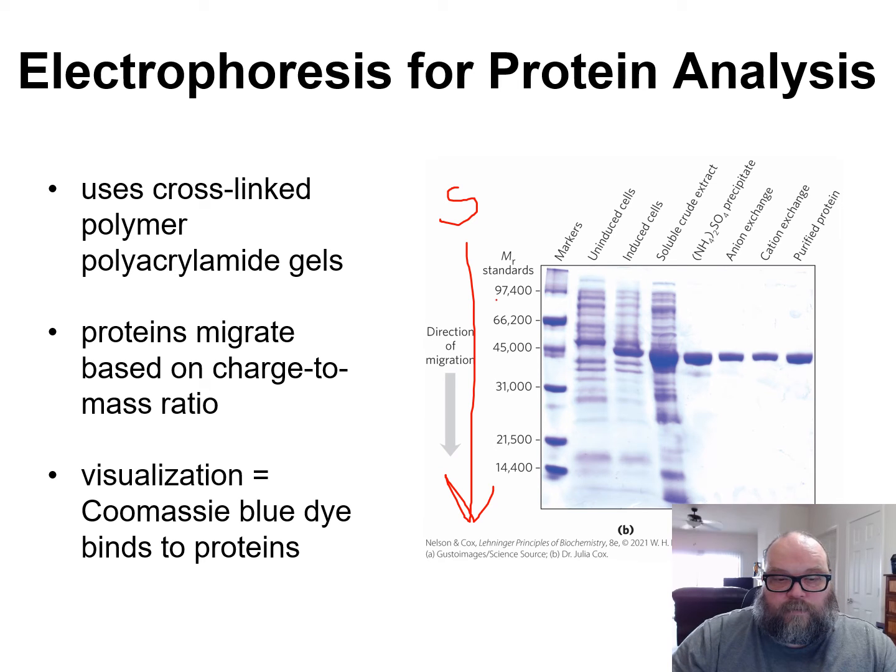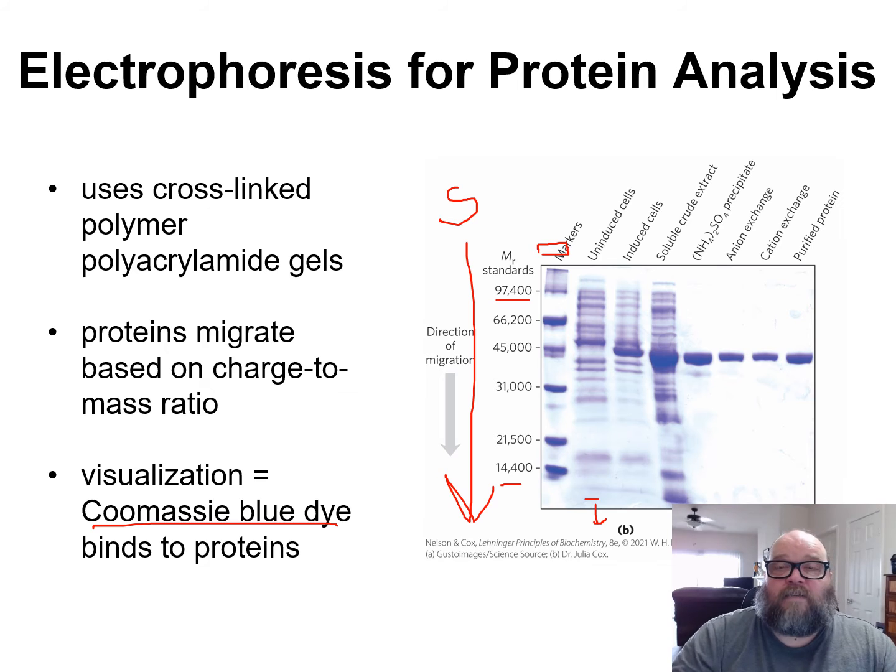Up here at the top, these are the big things. They didn't move very far, because right here is the well. Small things, even smaller bands you can't see down here, went off because they were so small. Now, why can we see this? Well, because everything was stained with Coomassie blue dye.